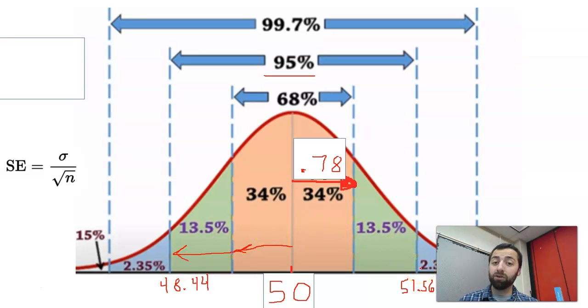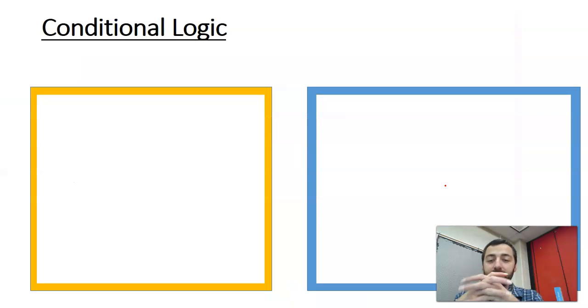And so in other words, there's a less than a 5% chance that if I were to take a look at one sample, that one sample would be either less than 48.44 or greater than 51.56, because there's a 95% chance that it'll be between 48.44 and 51.56. This is just making use of basic conditional logic.